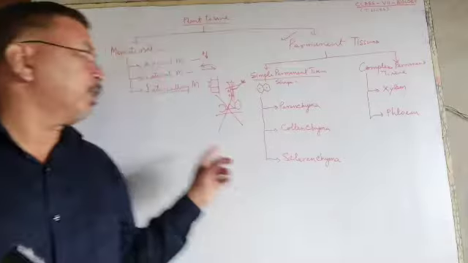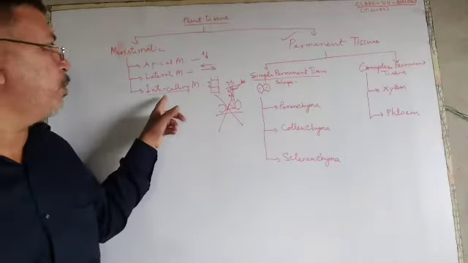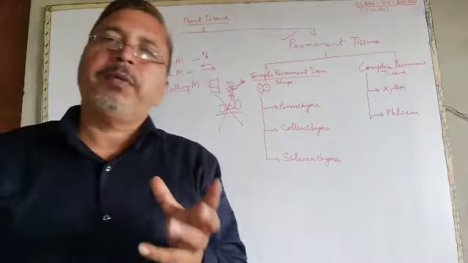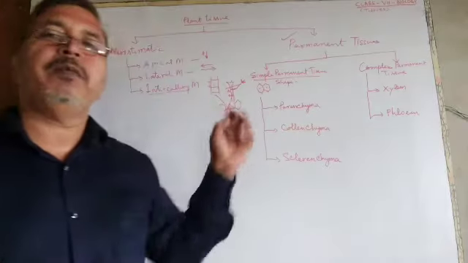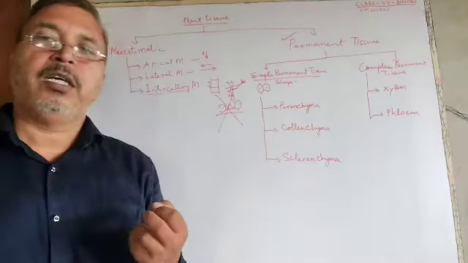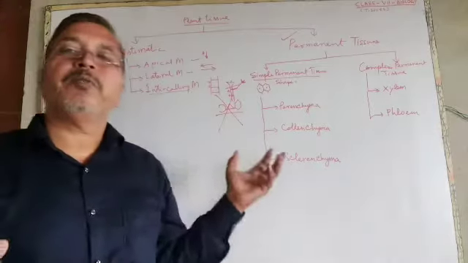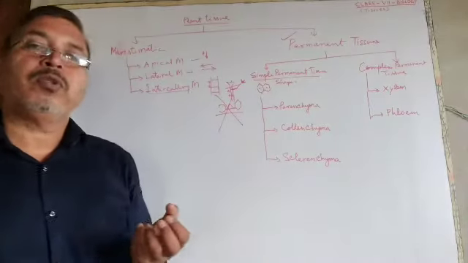This is because of intercalary meristem, and it is very important for plants whose apical meristems generally get damaged, right? It is the intercalary meristem that causes growth in that plant body.